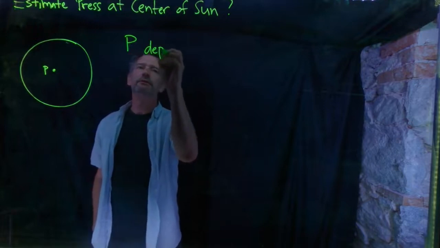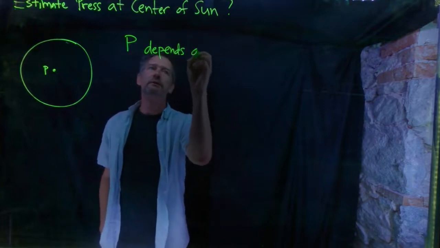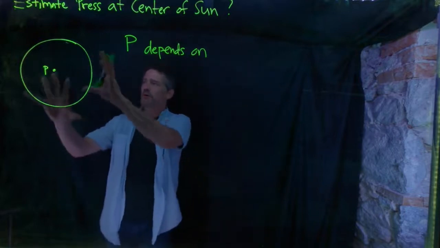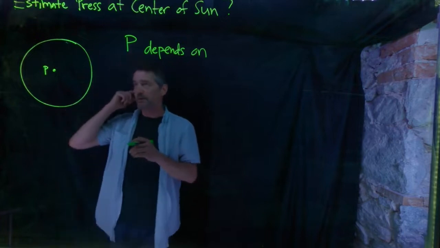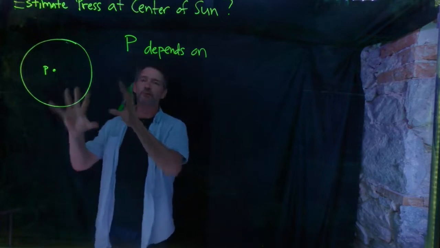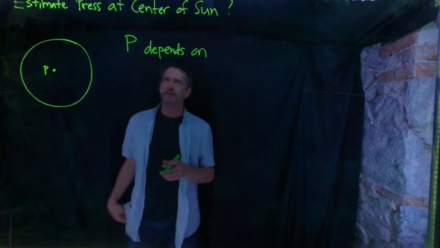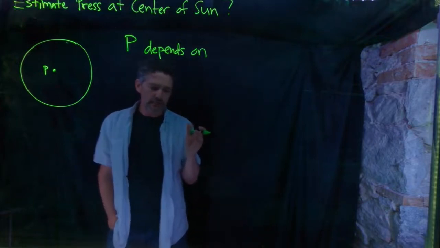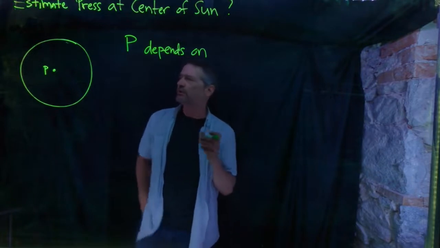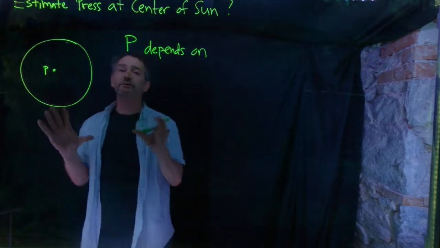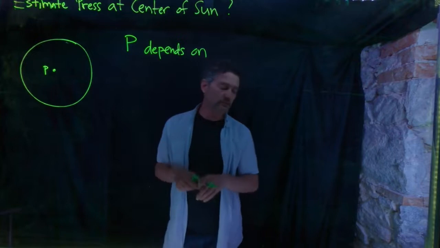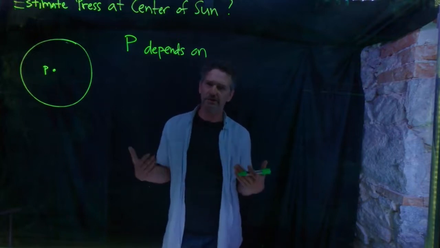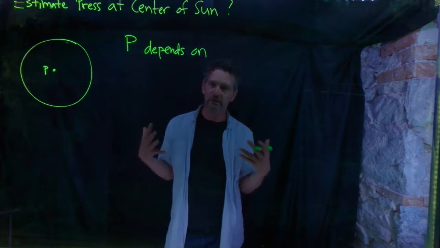So P depends on, and we're going to list here some easily measured physical parameters that describe the sun. And this is sort of the art. There's an art to doing dimensional analysis, and you get better at it with more practice and the more physics that you understand.